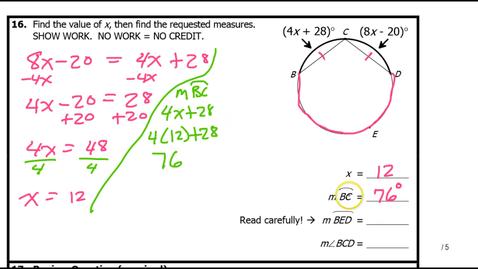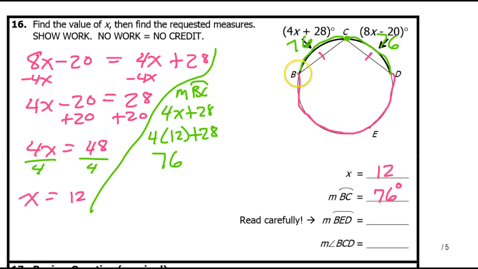We just found the measure of arc BC, and that was 76. So that means that this arc right here is 76. But we already knew that both of these arcs are congruent because of symmetry. If the chords are congruent, then the arcs are congruent. So that means that arc CD is also 76.